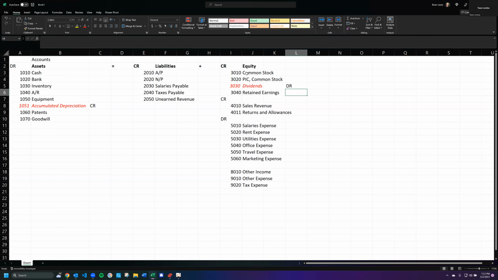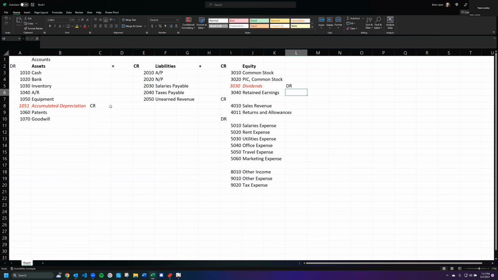And it's important to know because a credit to any of these accounts will increase the balance. A debit to any of these accounts will decrease the balance. Same with these. To the opposite, a debit to any of the asset accounts will increase it, and a credit will decrease it.